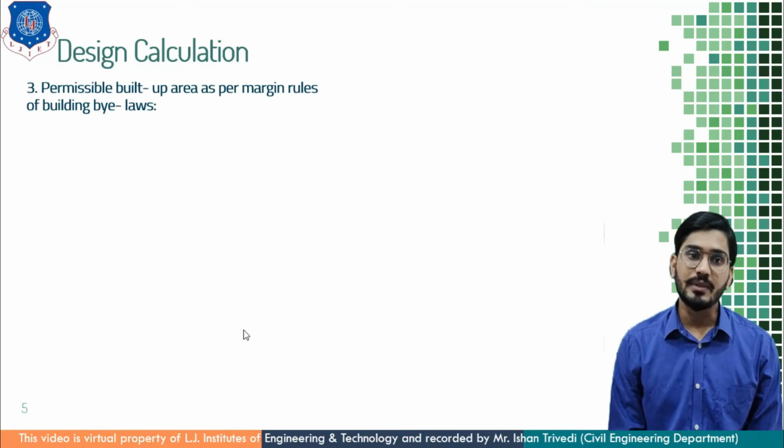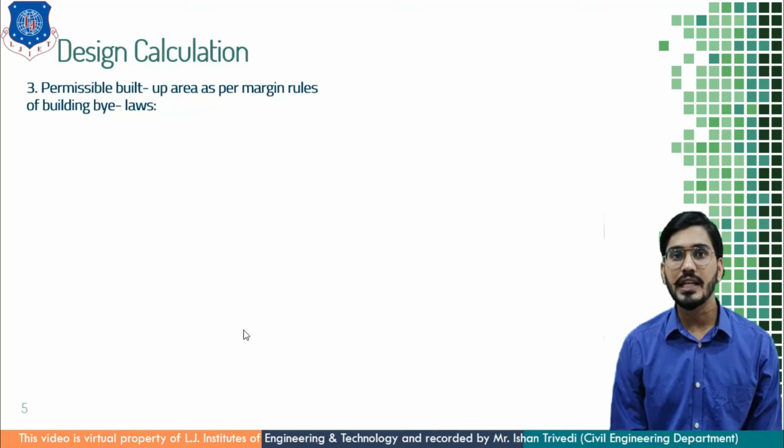Now the permissible built up area as per the margin rule of building bylaws. What are the margin rules? We have three types of margin: front margin, two side margins, and back side rear margin. If the bungalow is detached, or if a building is semi-detached, then you have one side open space, and you have to take that into consideration.